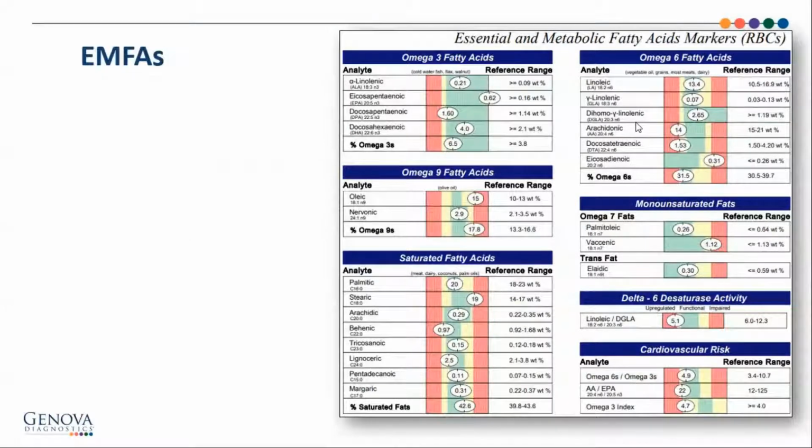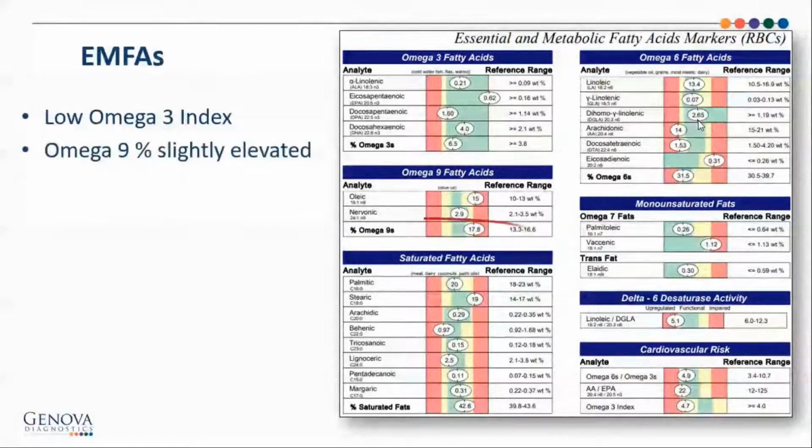What about the essential metabolic fatty acids? Well, the omega-3 index is a little on the low side. That's a pro-inflammatory finding, although interestingly, her dihomogammalinolenic looks pretty good, but the omega-3s could certainly use some support. Her omega-9s, a little bit on the high side by percentage. I generally don't have a problem with that.